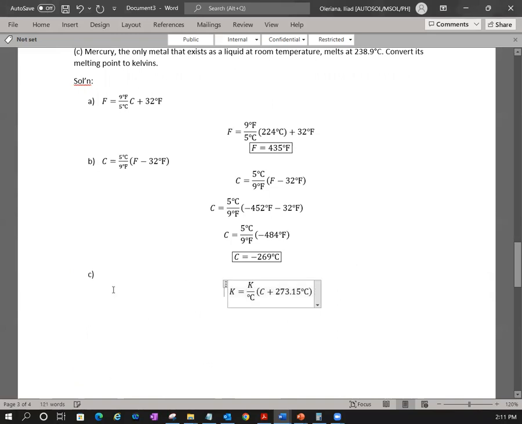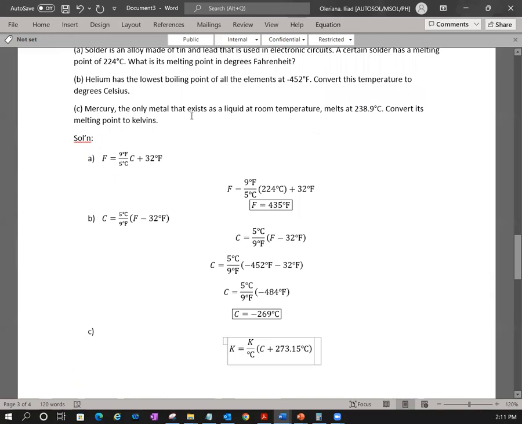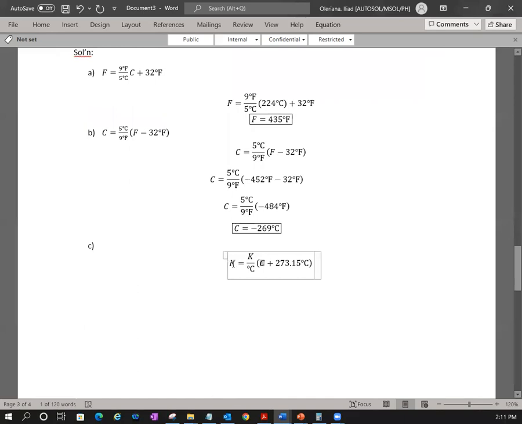Yan. Then substitute lang natin mercury, the only metal that exists as a liquid at room temperature, melts at 238. So substitute lang natin yung 238 degrees Celsius dito sa C. So ang mangyayari is copy lang natin to. Okay, then 273, lagay natin dito. 273.15.